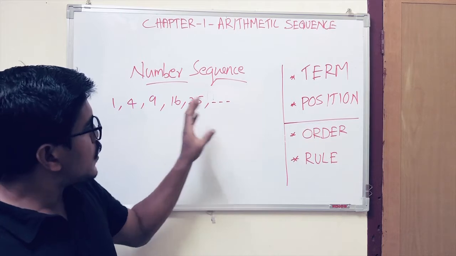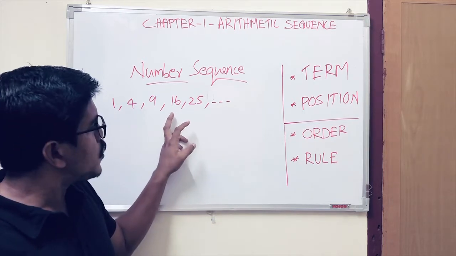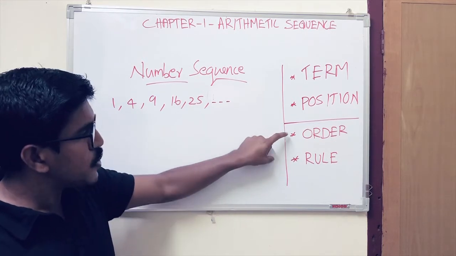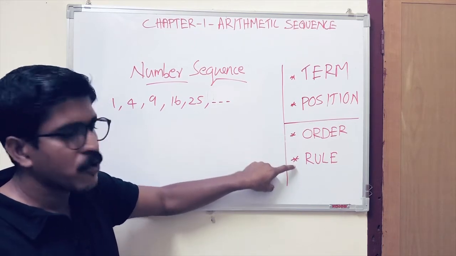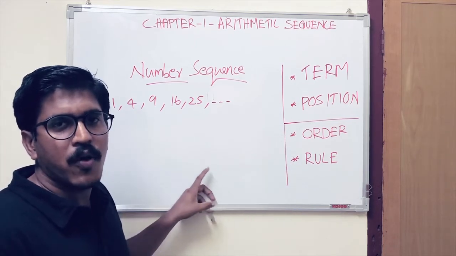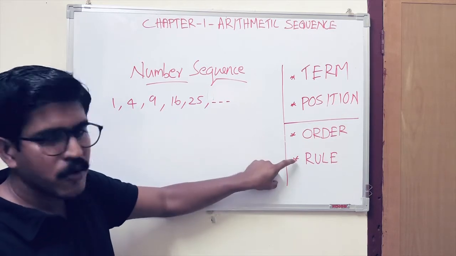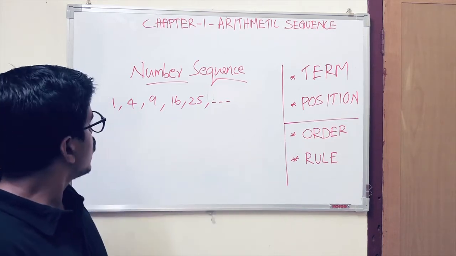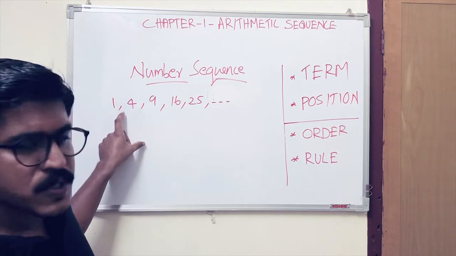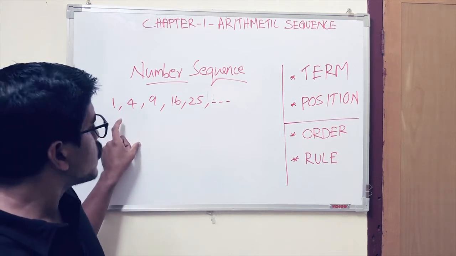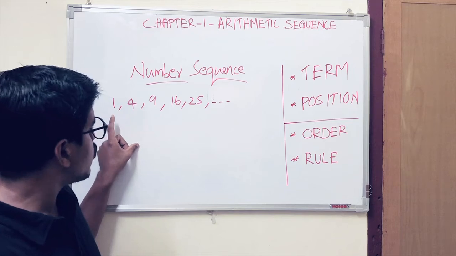I already said that if a set of numbers is a sequence, then it should have a specific order followed by some rule. So now we are going to check whether this set of numbers has a specific order followed by some rule. If you look at these numbers carefully, you can see that these numbers are the squares of natural numbers.